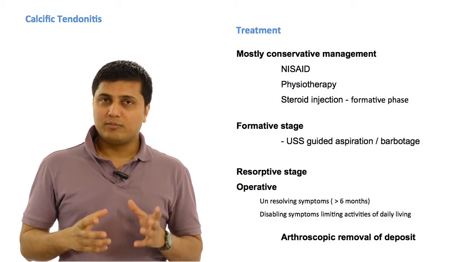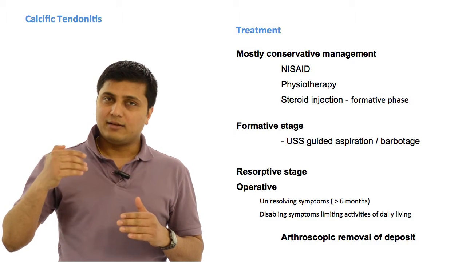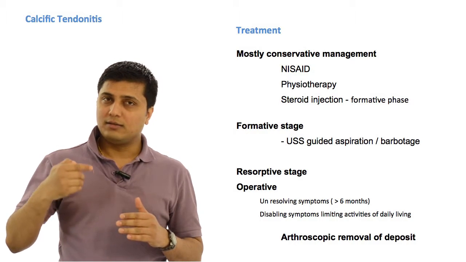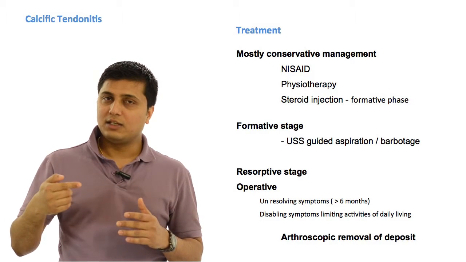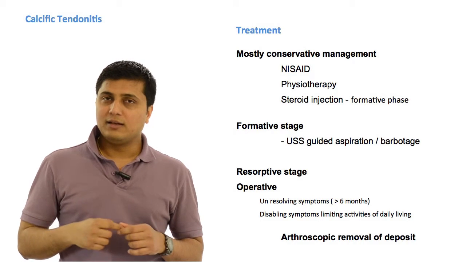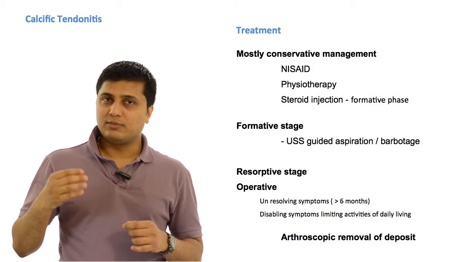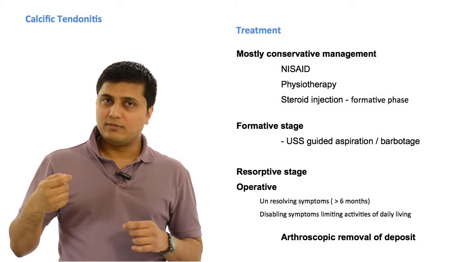In arthroscopy, we mainly go to the subacromial space, and first of all we have to identify the location of the calcific deposit using a needle, and then once we have identified it, we physically remove it and irrigate the area as well.